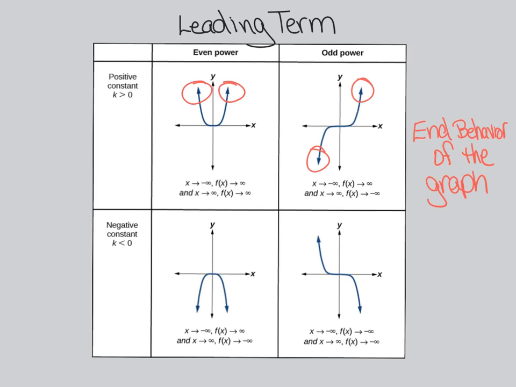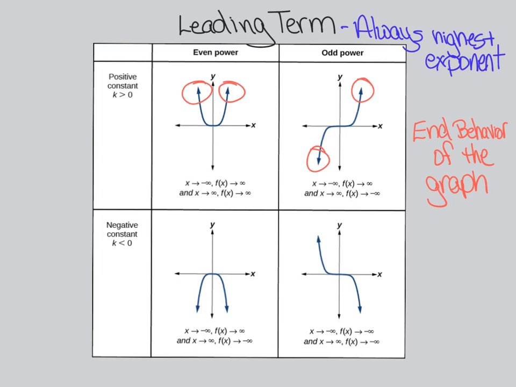Your leading term is always the term that has your highest exponent. It doesn't matter what order it's in. You are always going to zone in on that highest exponent. That's what you're going to zone in on. Okay?